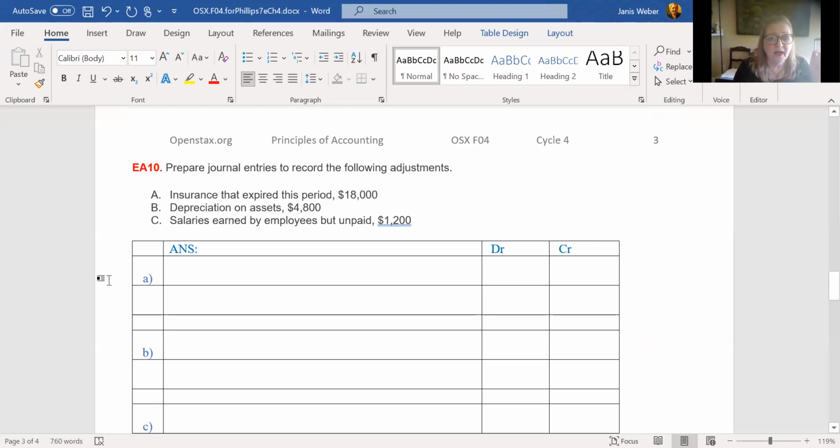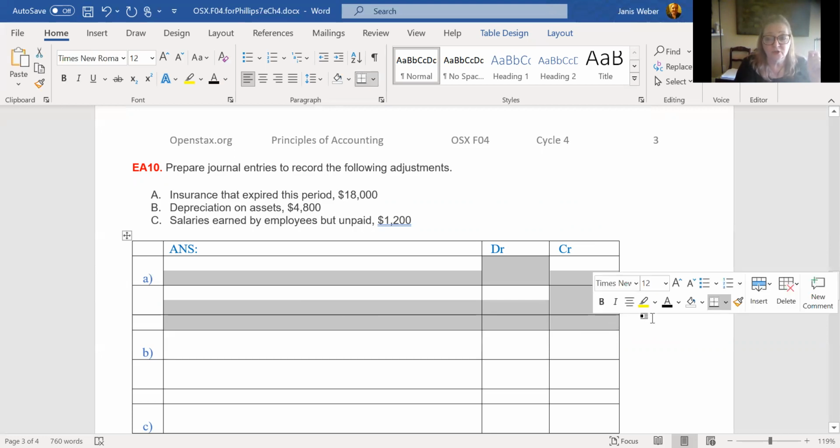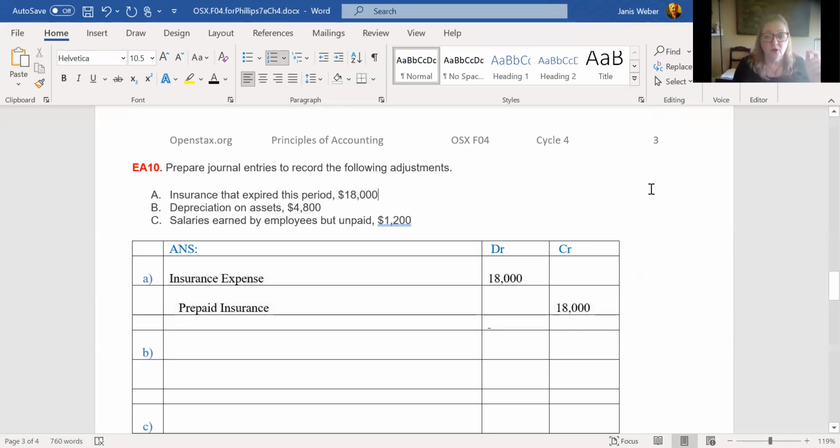If they say how much expired, then you know that's the amount you're going to put as a debit to insurance expense. So debiting insurance expense $18,000 means its partner account is what gets credited in the adjustments.